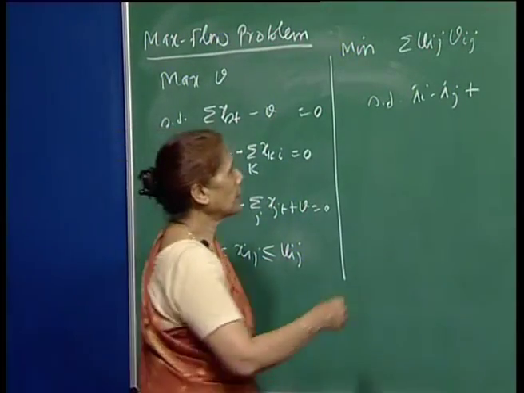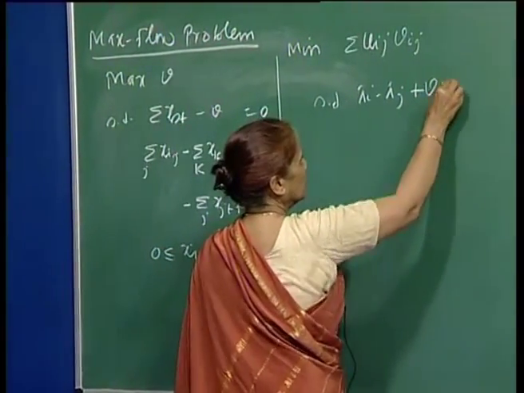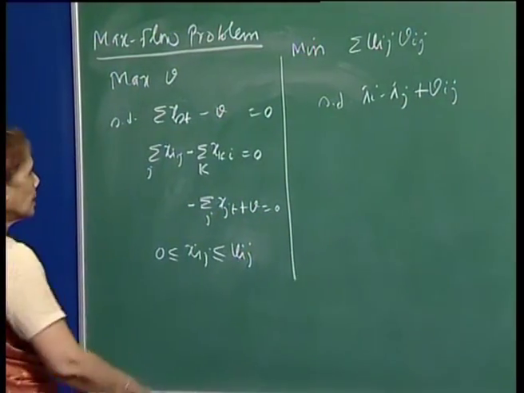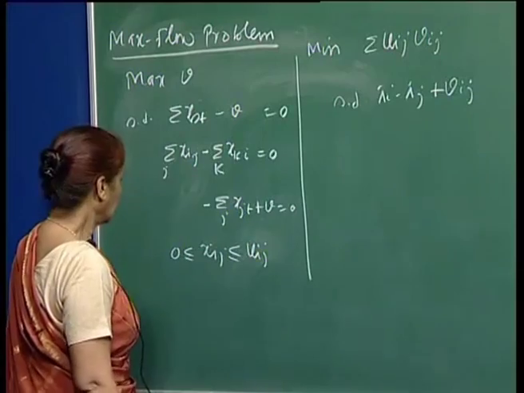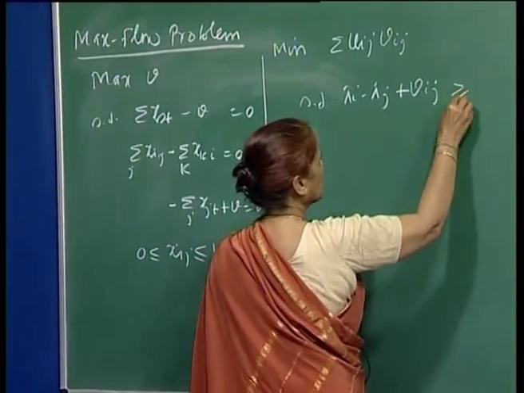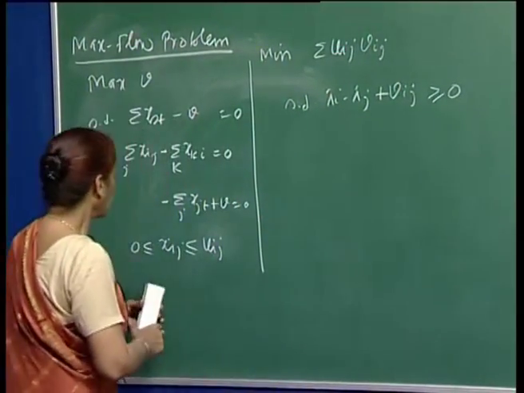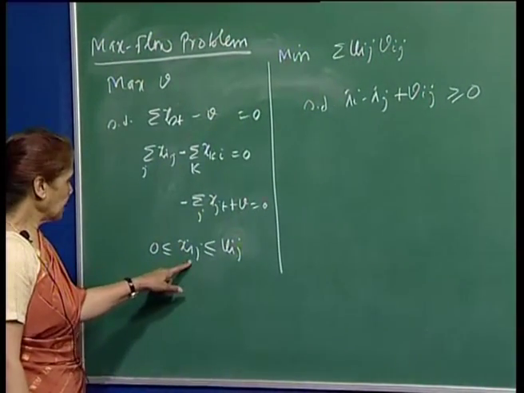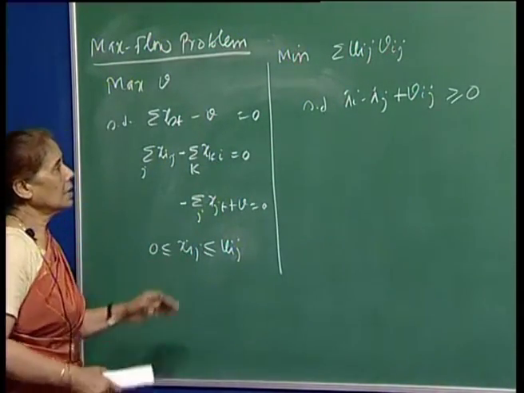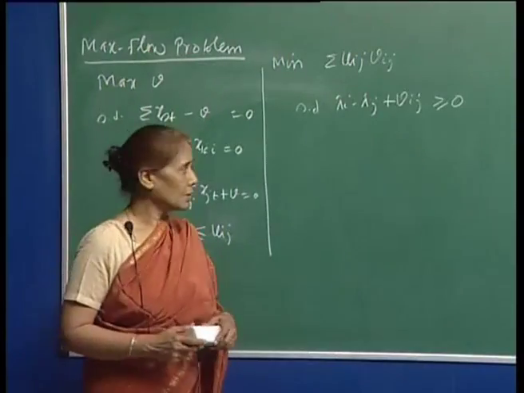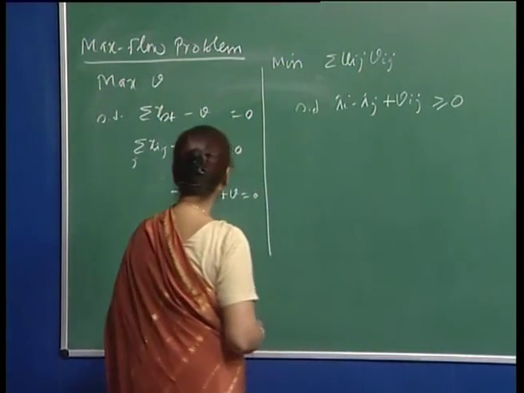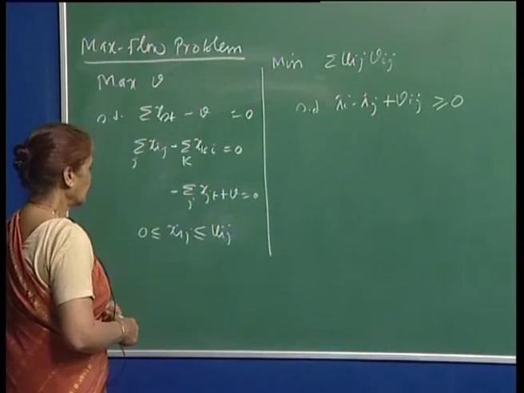Since your x_ij's are non-negative, these implicit constraints give corresponding dual constraints greater than or equal to 0, and there is no sign restriction on the V's.